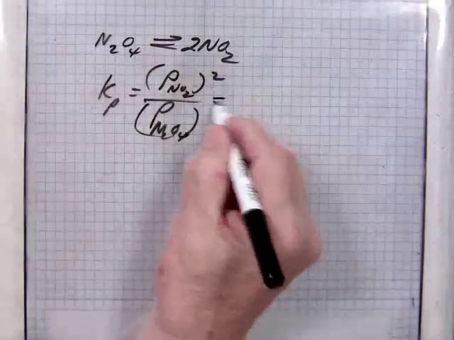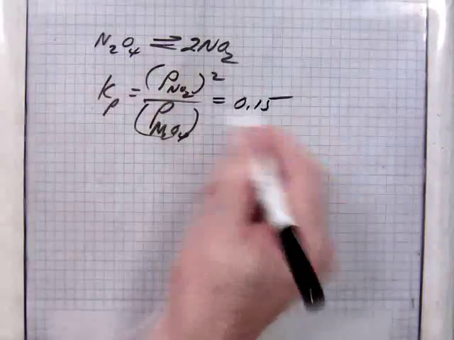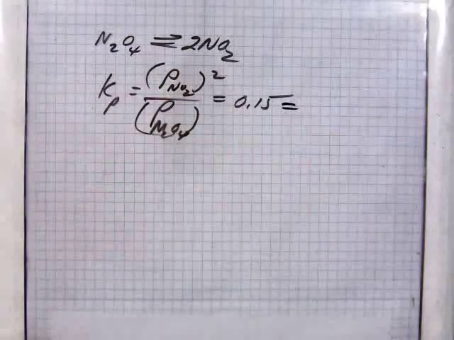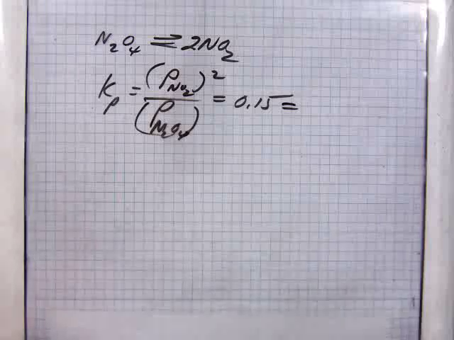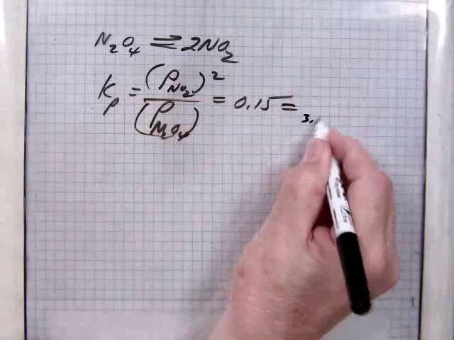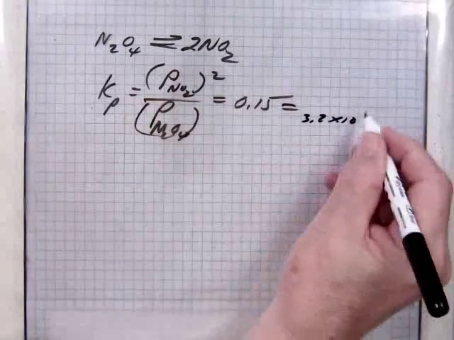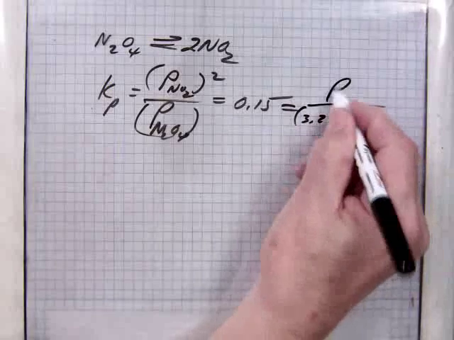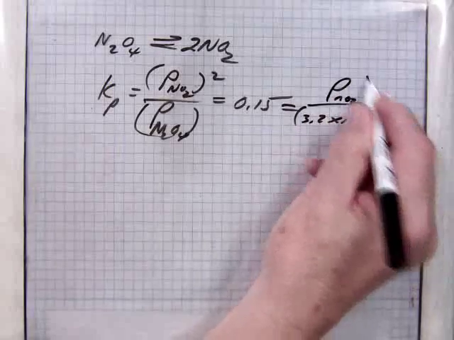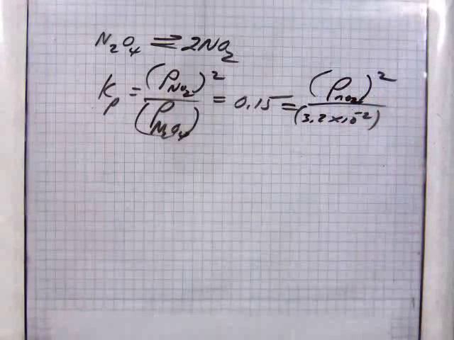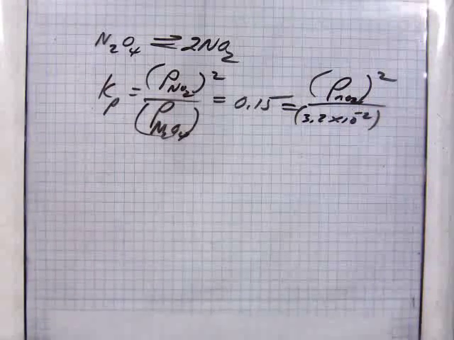All of that is 0.15, which is given. It is also found that the partial pressure of N2O4 is equal to 3.2 times 10 to the minus 2 atmospheres. So solve for the unknown. Check that out.